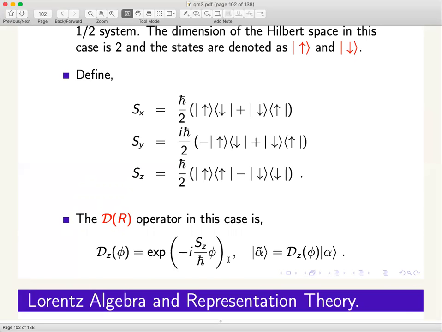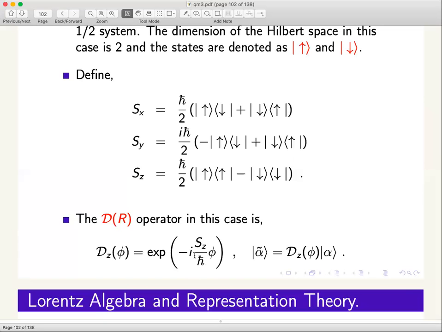Now what you can do is write down Sx in this form, use Sz in this form in the exponent, and compute the action of exponential i Sz phi by h bar on the state Sx from the left, and the action of the other operator from the right.